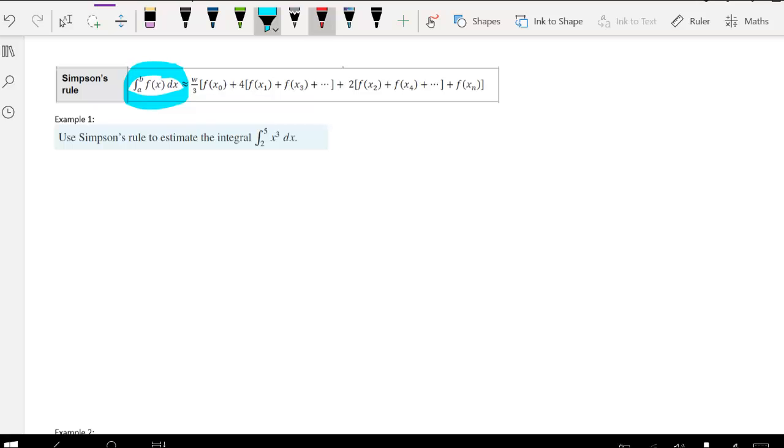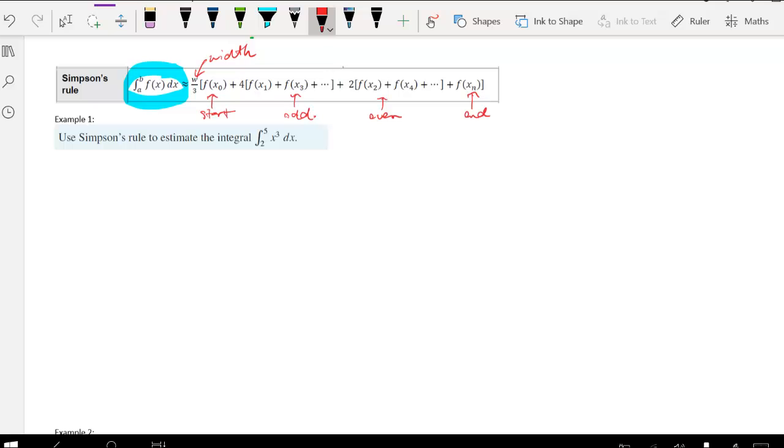All right, so we have our width divided by 3. W stands for width. This is our start point and our end point, and all of the odd subsections are multiplied by 4. All of the even are multiplied by 2. If we're taking this approach, we have to be very careful to make sure that the start point is x0 and not x1.